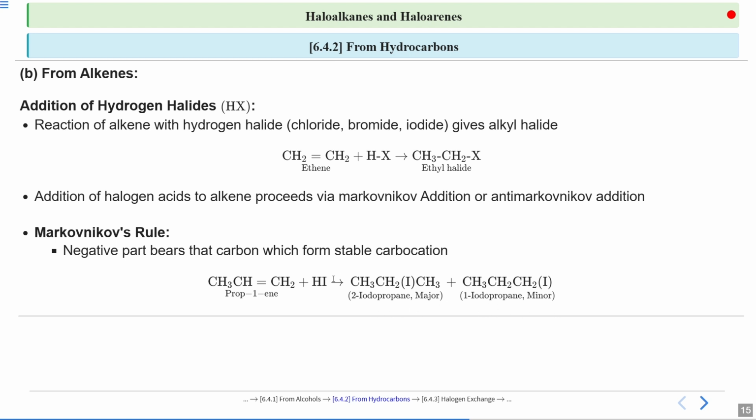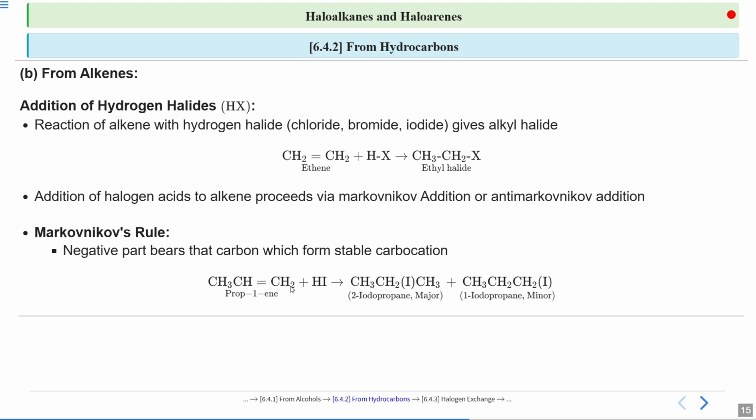This is after the attack of the negative part, that is the I negative part from the hydrogen halide, on the carbon which is forming the stable carbocation or which has the lesser number of hydrogens. Why does it form the stable carbocation? Because if the hydrogen is removed from this carbon, the positive charge will come over this carbon and it is a secondary carbocation, which is the more stable one compared to the primary one.